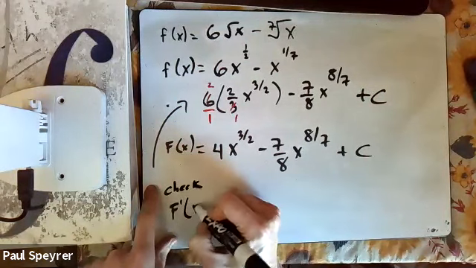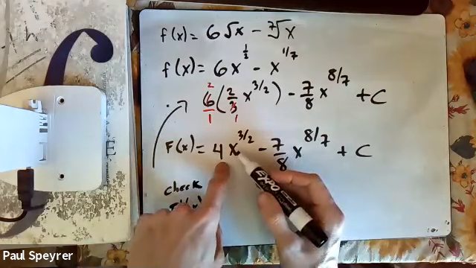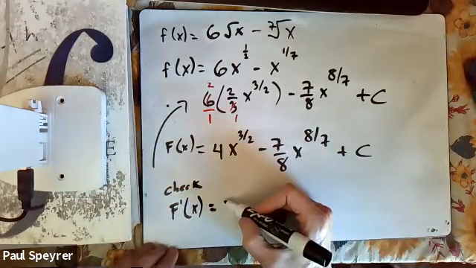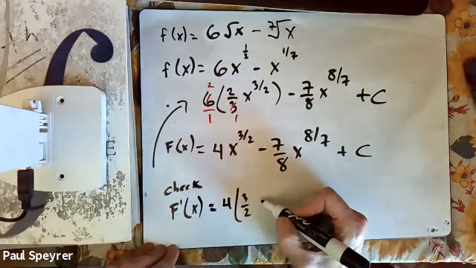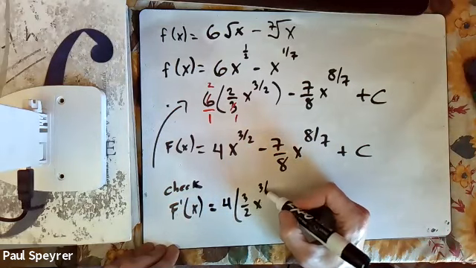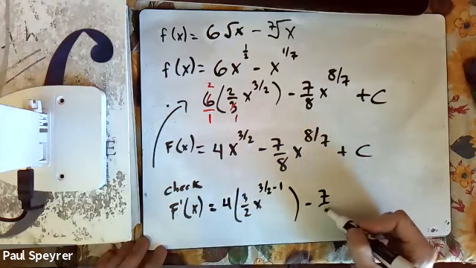So if we take the derivative of big F, right? How would we do that? You do the power rule. What would that be in this instance? You'd have 4, and then you'd have 3/2, x to the 3/2 minus 1 because we're deriving, minus 7/8.